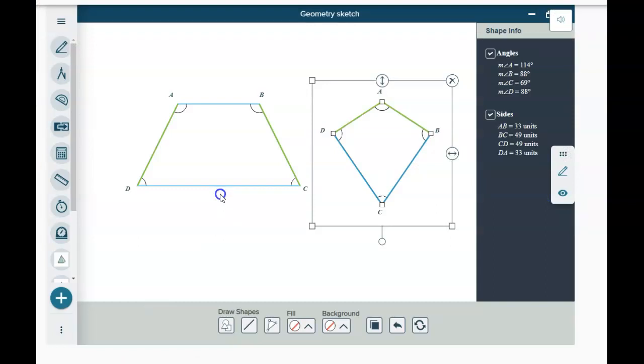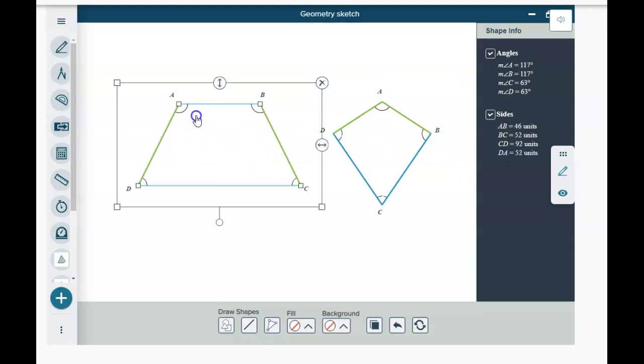we have isosceles trapezoids, where exactly one pair of sides is congruent. So where we have the isosceles trapezoid, only one pair of the sides are congruent. Let's see here, AB and DA are the same.